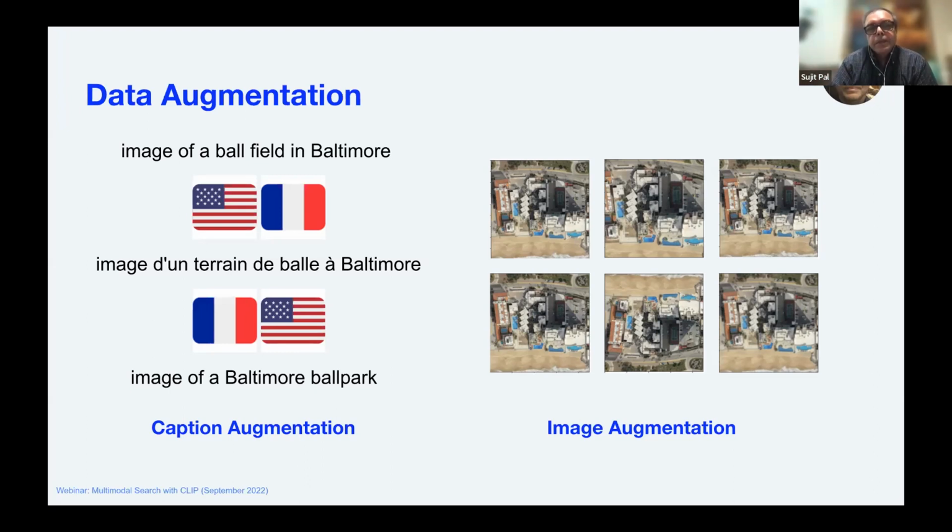For the caption augmentation, we use back translation. You can see it here, right? Essentially you take the English text, translate it into some language, and then translate it back to English. You can see it for English and French. The source caption was "image of a ball field in Baltimore," and the one that comes back after back translation is "image of a Baltimore ballpark."